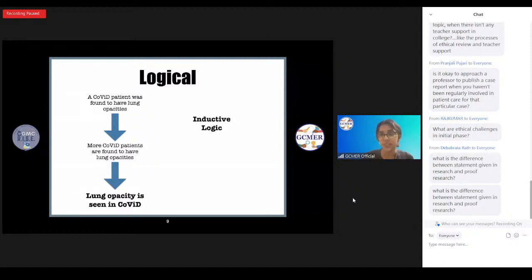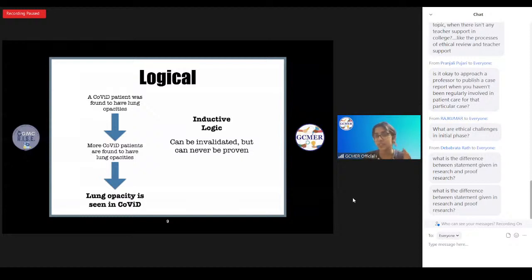You found one person, that's an anecdote. You found multiple people with this. So what is this? It's like a prevalence study. Because lung opacity is seen in COVID patients, and that's inductive logic because you're going from the base to expanding it, and that's how you're achieving your conclusion. This inductive logic can be invalidated, but it can never be proven.